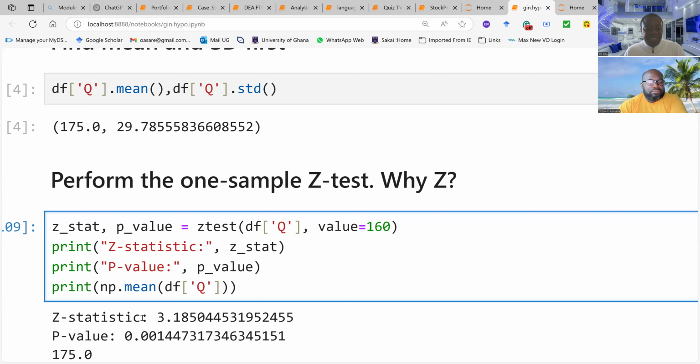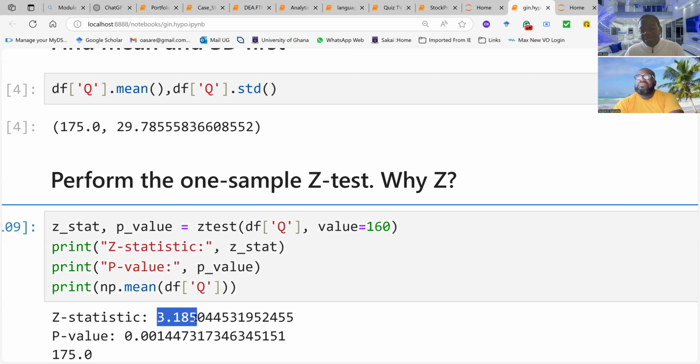And you can see that the Z statistic is 3.19, correct to 2 decimal places. The p-value is 0.001. It's not 10%. Okay, it's not even 1%. It's 0.1% or 0.14%. So it's way less than 5%.